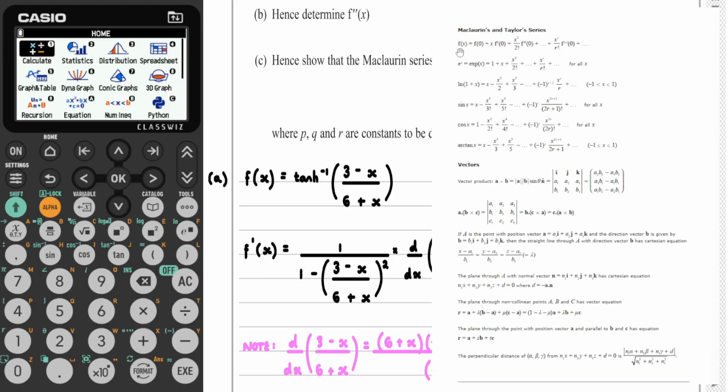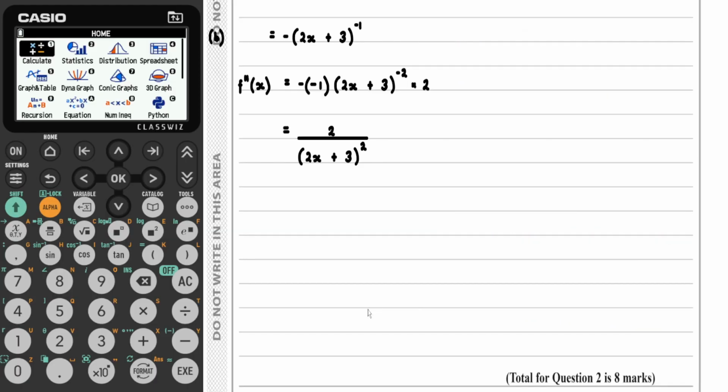Here is the formula for the Maclaurin series. f of x is equal to f of 0 plus x times f dash of 0 plus x squared over 2 factorial times f double dash of 0. And we have higher order terms, but we are only interested in terms up to and including x squared. And here is that formula stated.